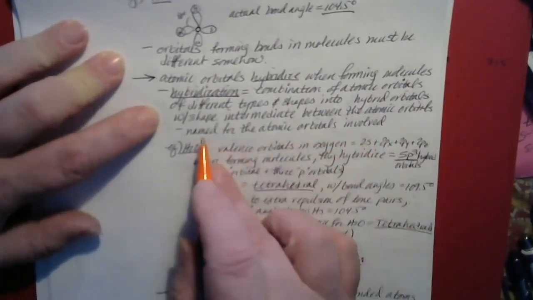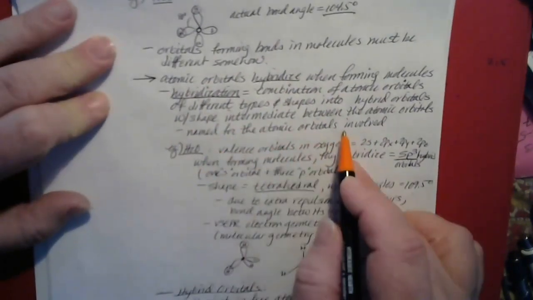And the hybridized orbitals are named for the atomic orbitals that are involved in the hybridization. So a good example is, again, H2O. We already saw that it has a bond angle that's way off from what it should be, according to what we've seen so far.